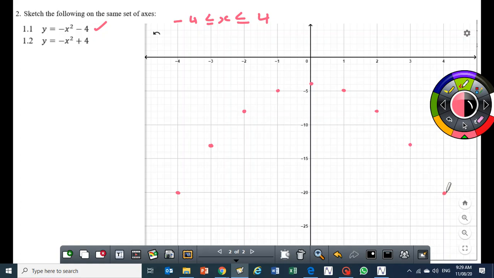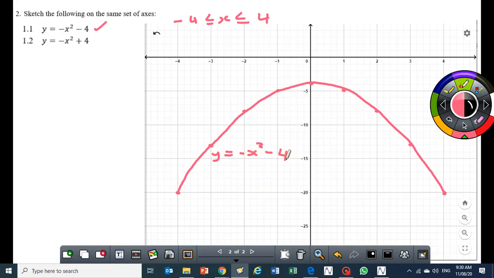Then you use your free hand to sketch it. So it's going to look like that. We can label it y equal to minus x squared minus 4.